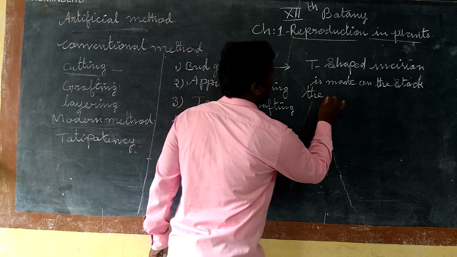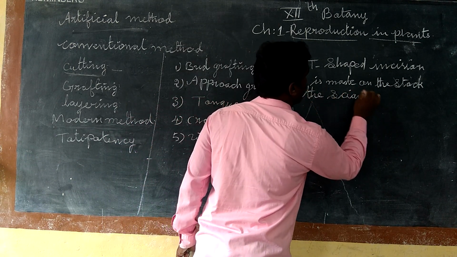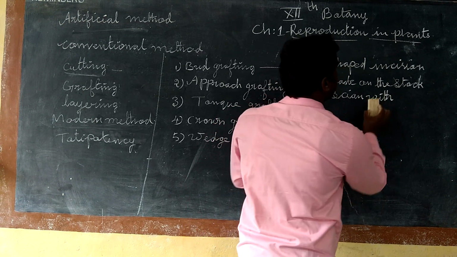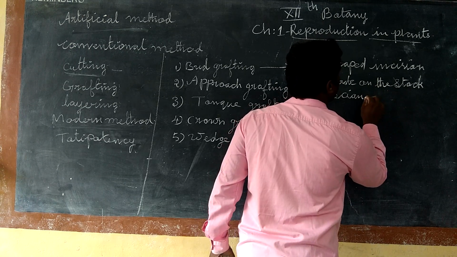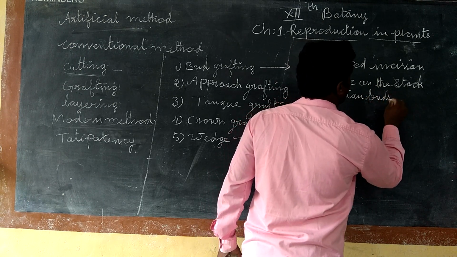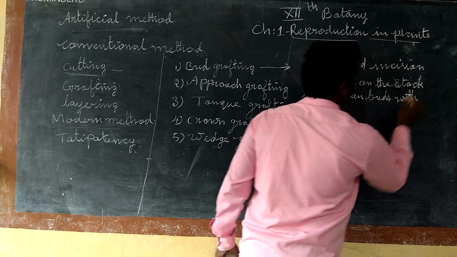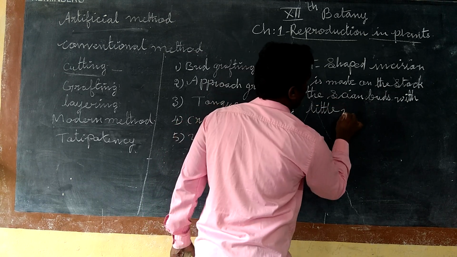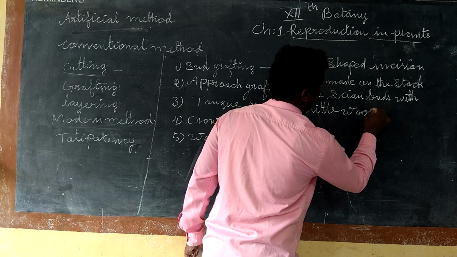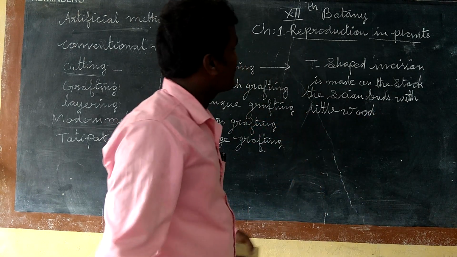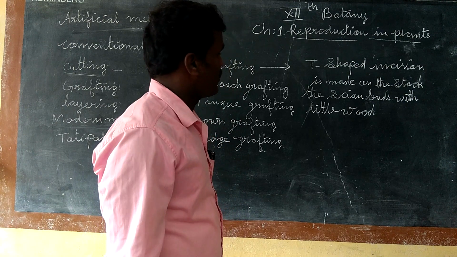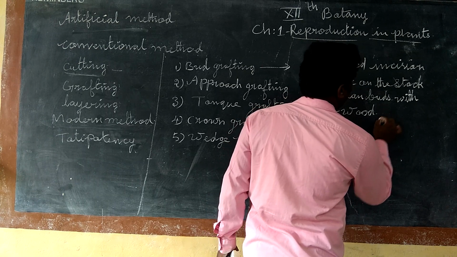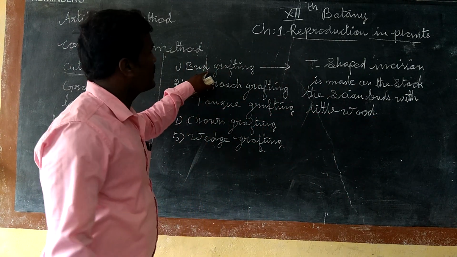The scion bud with a little wood is inserted into the T-shaped incision and tightly taped. This is bud grafting.